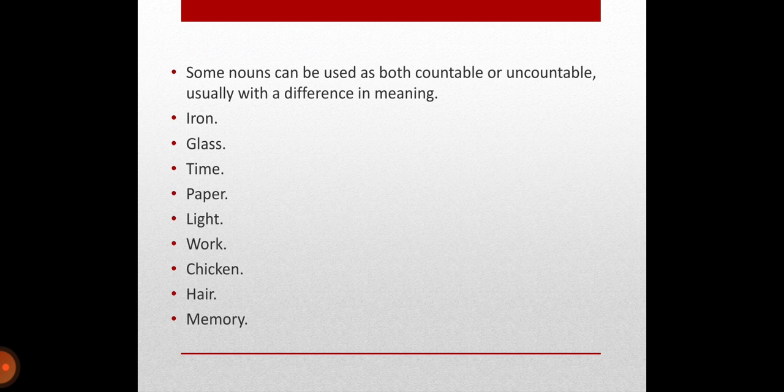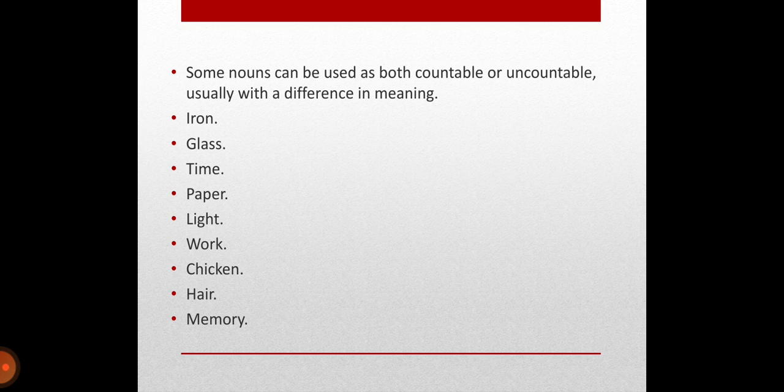Some nouns can be used as both countable or uncountable, usually with a difference in meaning. For example, iron can be used as a countable noun when it means the device we use to smooth clothes, while iron is uncountable when it means the metal used in factories and in cars.